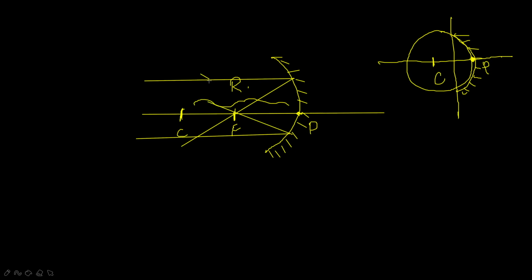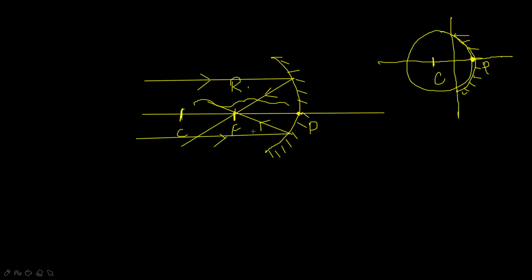A concave mirror has a real focus. The principal focus of a concave mirror is a point on its principal axis at which all the light rays which are parallel and close to the axis converge after reflection from the concave mirror.